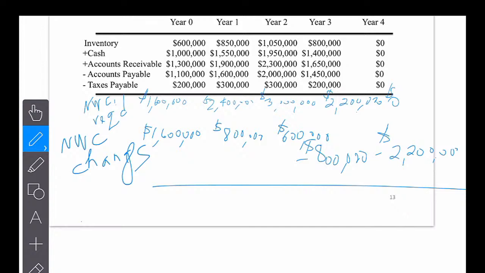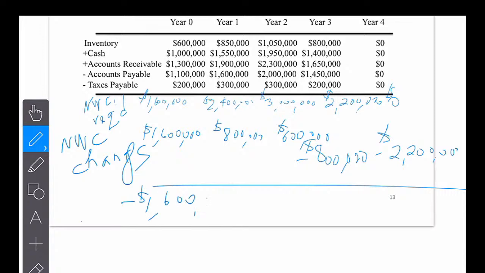So I need to reflect that in the cash flows. Right now, these are just looking like net working capital requirements, changes. This is what I need, which is how much more I need. So these are incremental cash flows. However, it's not reflecting the fact that the sign is wrong. This is an investment. I've got to put the money there, right? So the funds have to be allocated.